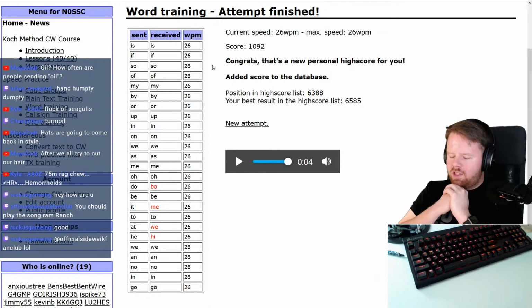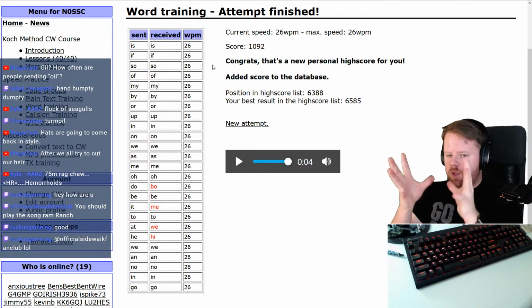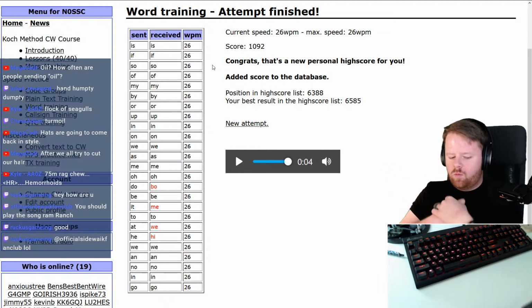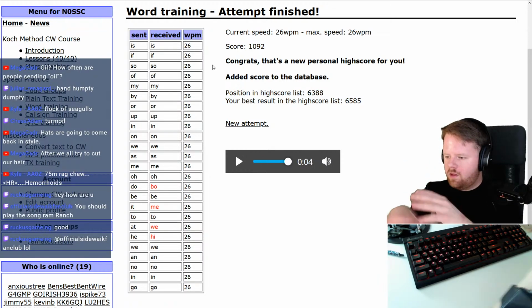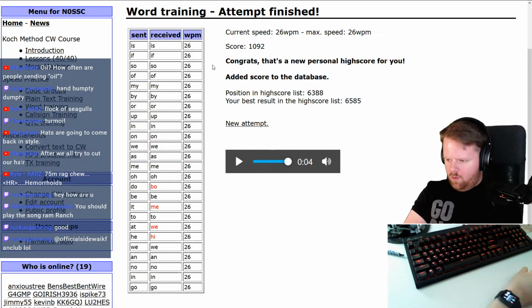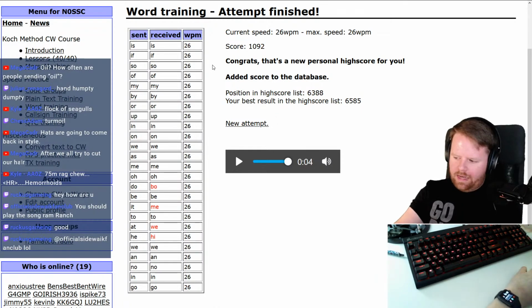But even at full speed, at 26 words per minute, which is faster than 25, I was still keeping a buffer of like, that was B, that was Y, bye, that was W, that was E, we. Why did I say we?